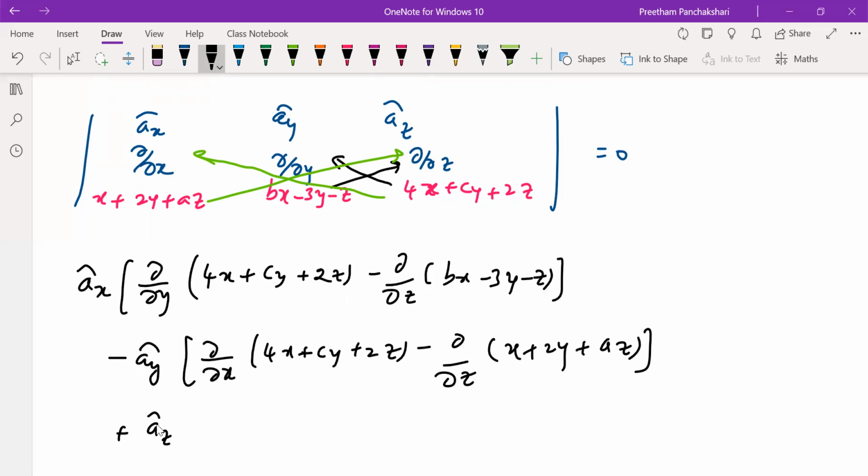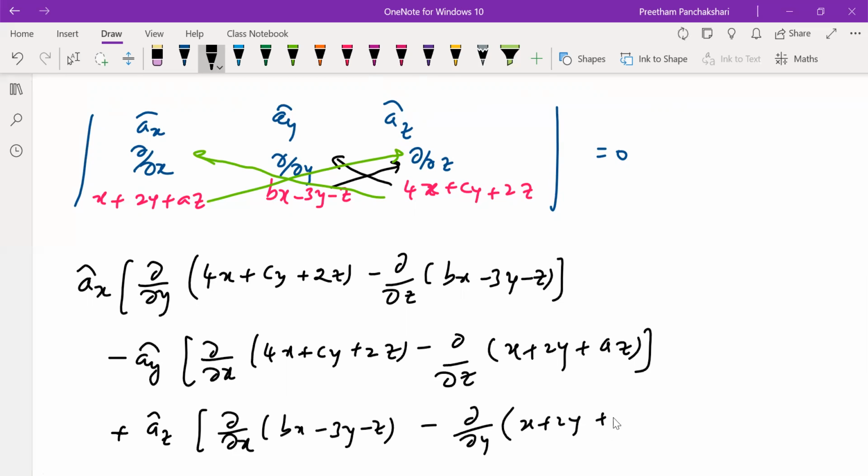The z component of the curl F is given by dou by dou x of bx minus 3y minus z, minus dou by dou y of x plus 2y plus az, is equal to 0.